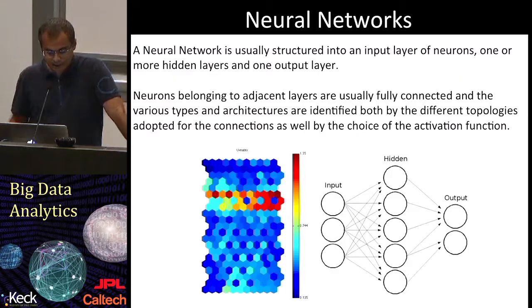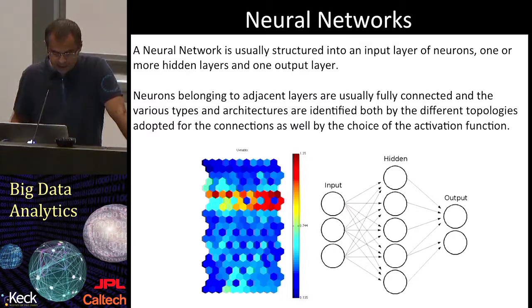Usually, a neural network is structured in an input layer of neurons, one or more hidden layers, and one output layer. Neurons belonging to adjacent layers are usually fully connected, and the different types of architectures are identified both by the different topologies adopted for the connections and by the choice of the error and activation functions that we'll see later.